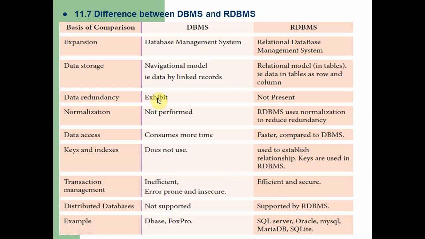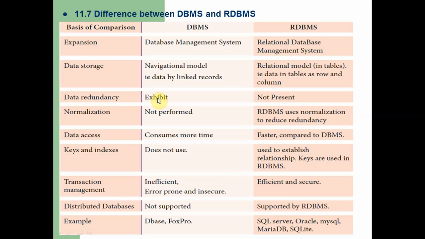Second category, data storage. In the navigational model, the data are stored in the form of linked records. But in the relational model, all the data are stored in the form of tables, called rows and columns. Data redundancy exists.